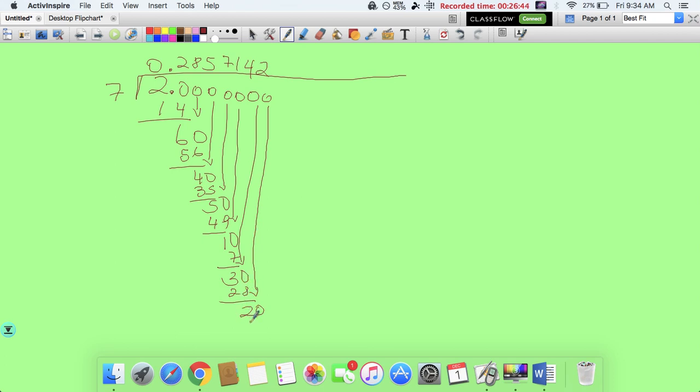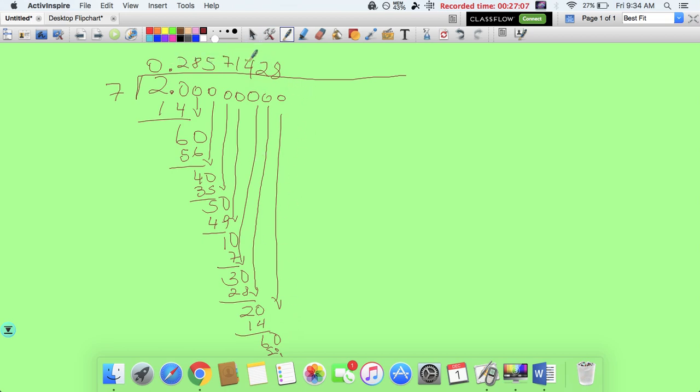So 7 goes into 20 2 times, 2 times 7 is 14, 6 left over, bring down a 0. Notice that again, we have this 6 repeating. If we continue, 7 goes into 60 8 times, 56, 4 left over, and then it's going to be 2 again.